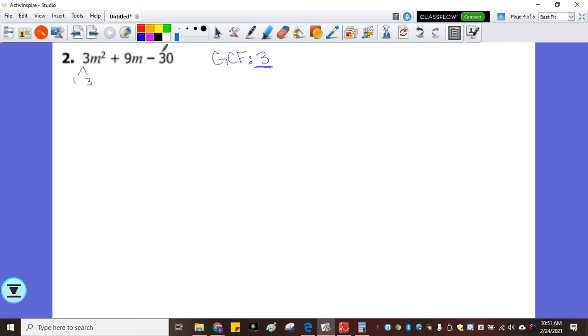So if 3 can go into the other 2, then you know that's your greatest common factor. Because if we can help not having to write that whole list out, it'll definitely save us a lot of time. So 3 is our greatest common factor. So we have to factor that out of each one of these. So then we get m squared plus 3m minus 10.